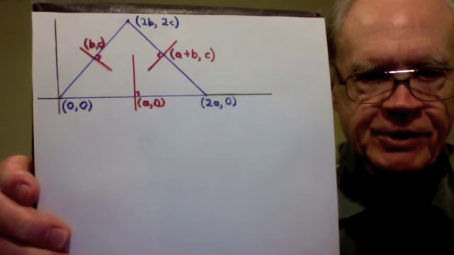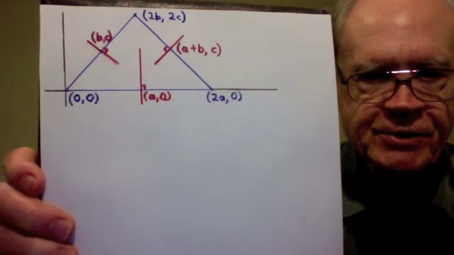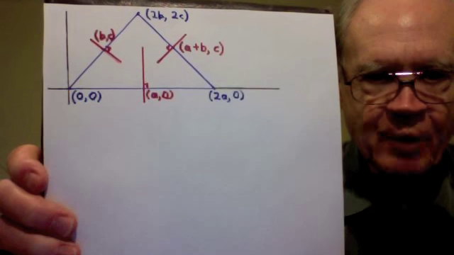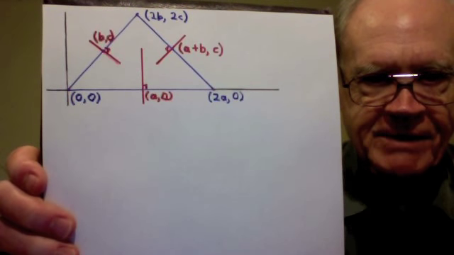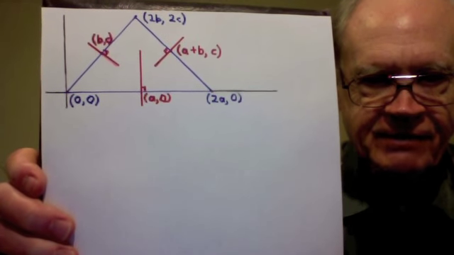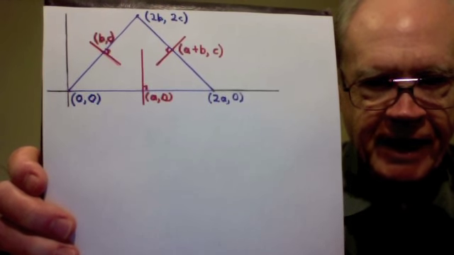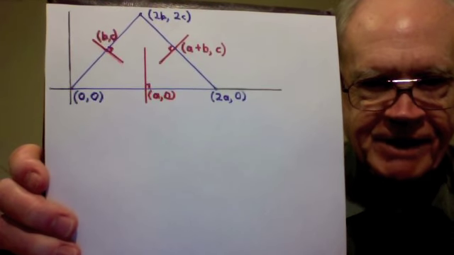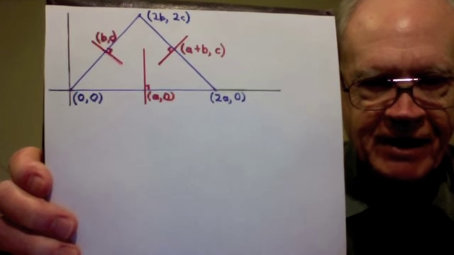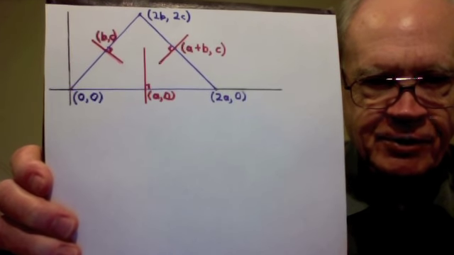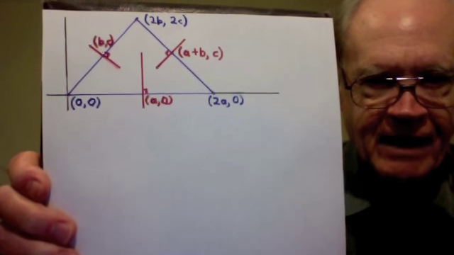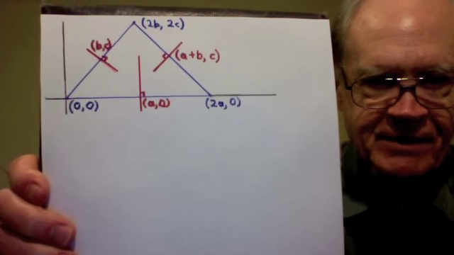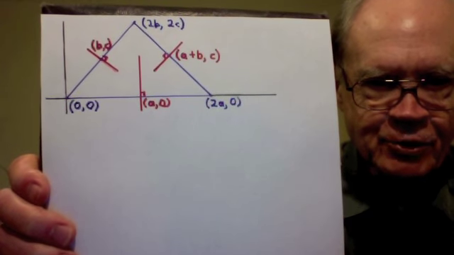Well, here's my solution. The first thing I do is to get the coordinates of those three midpoints, the 3 points where the perpendicular bisectors intersect the sides of the triangle. And to do that, I use the midpoint formula, which I presented in the challenge video. To use that formula, you take the coordinates of the two ends of the segment, add them and divide by 2.